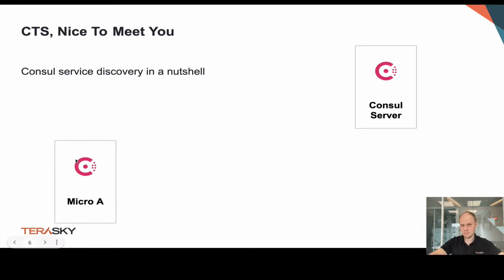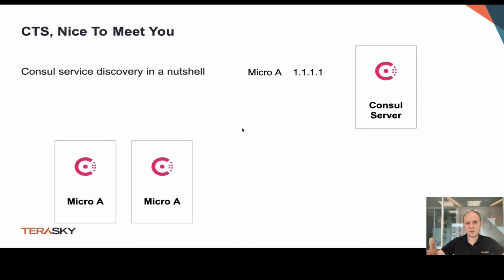We can have our server that is running microservice A. And this microservice A will register itself into Consul server. And now Consul server will know that there's microservice A running on that IP. All right? Then we can have additional server that is also running microservice A that can register itself. And Consul server will know that there are two microservice A running on those IPs.